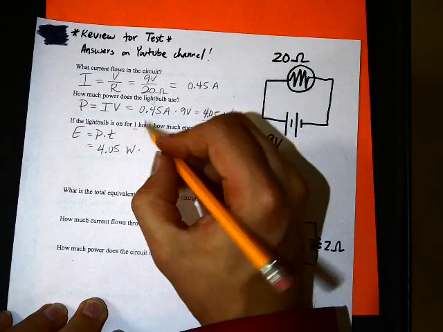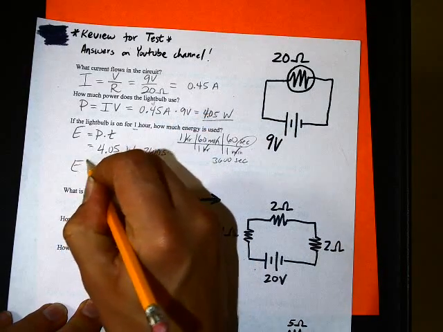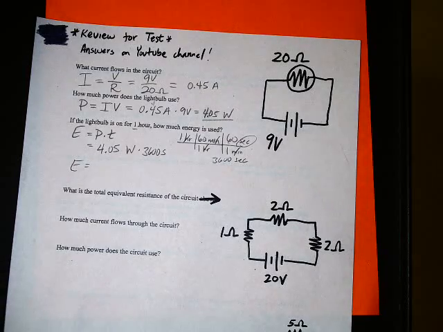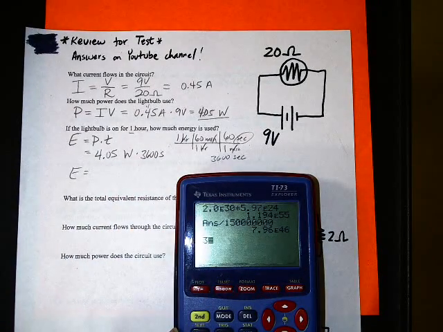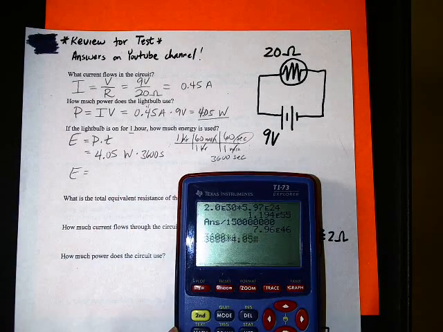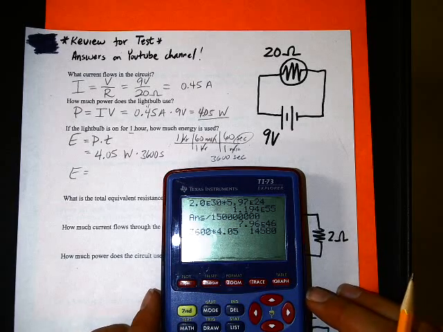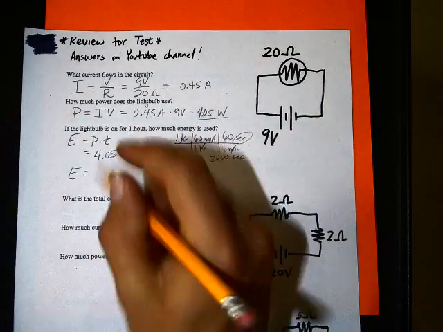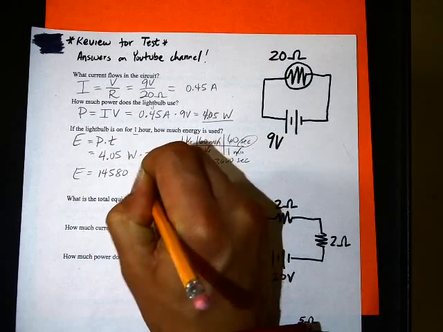So 4.05 watts times 3,600 seconds. And after that last problem, I think I should move over to a calculator, especially as we're getting big. I don't want to make another mistake on something. So we should get 14,580 joules. 14,580 joules of energy.